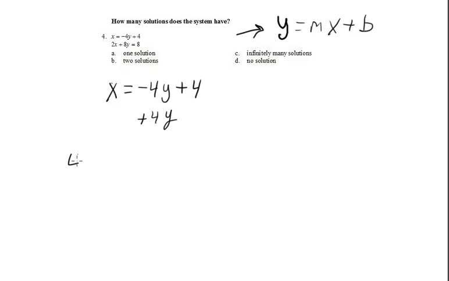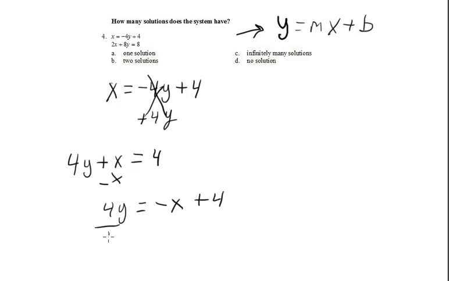That'll give me 4y plus x equals 4. I'll subtract x from both sides, and that'll give me 4y equals negative x plus 4, and I want to divide both sides by 4, and that'll leave me with y equals negative 1/4 x plus 1.